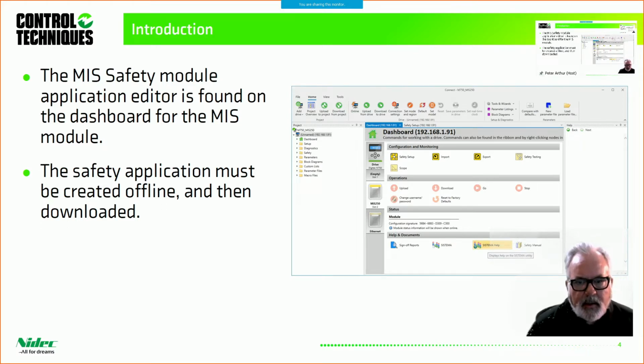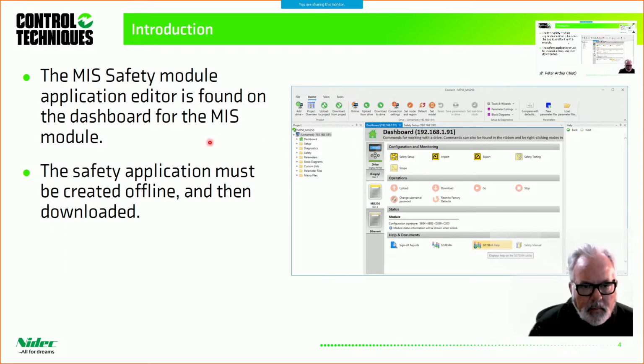As you can see in the screen grab there, we have safety setup, import, export, and some other tools. And like everything else in Connect, when I'm online, this screen will look different than it does right now.